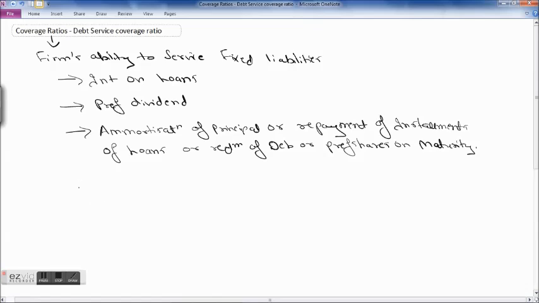So all these are the firm's ability to service the fixed liabilities, that is counted by your coverage ratio.